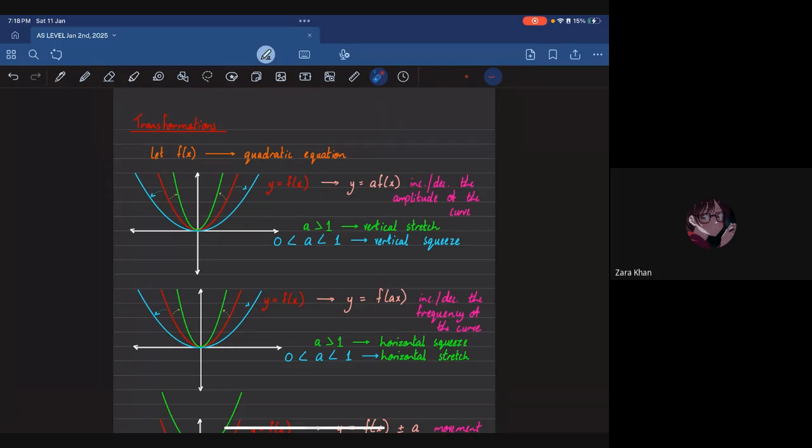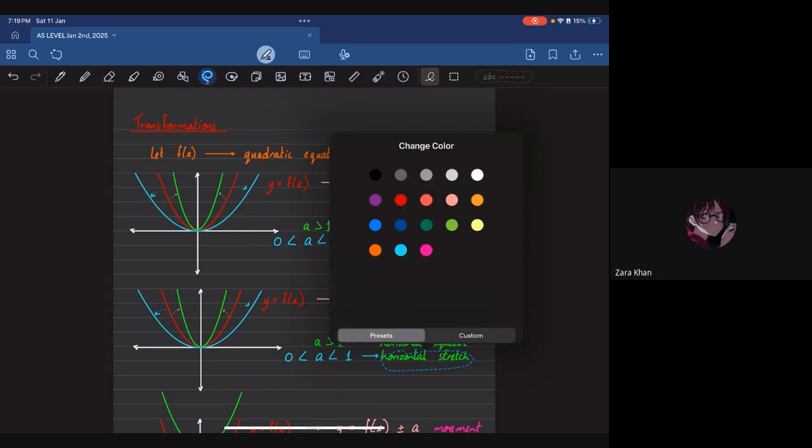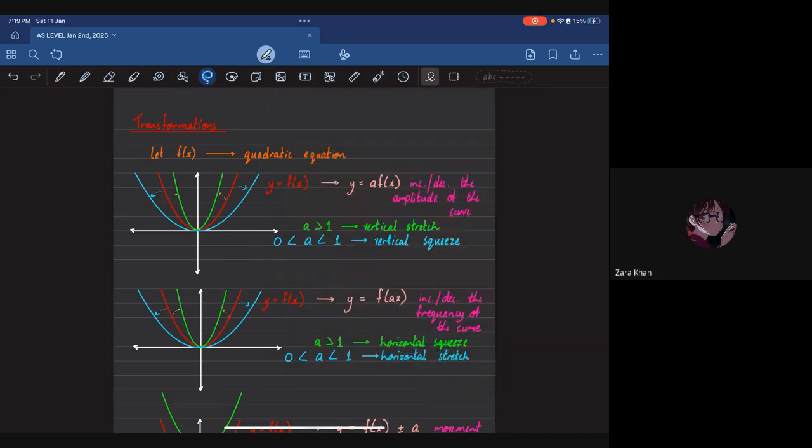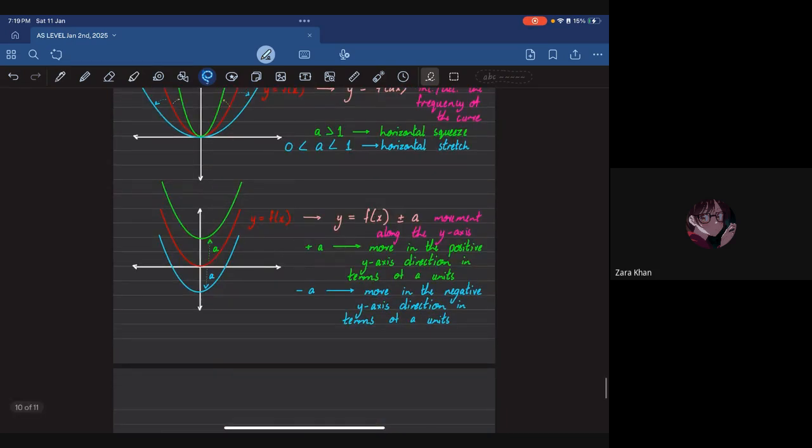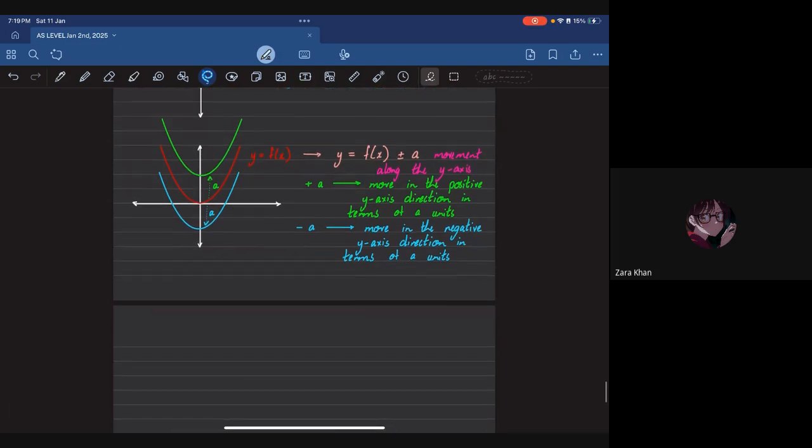We saw horizontal and vertical squeezes and stretches, as well as movement along the y-axis. Now, we're going to see movement along the x-axis.